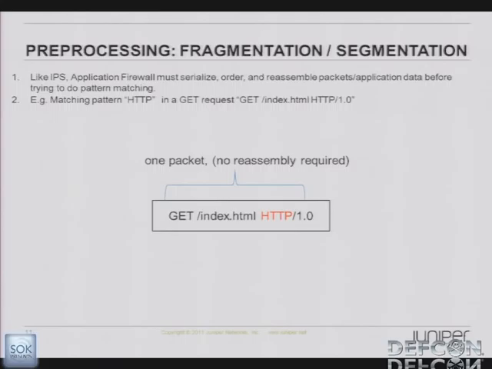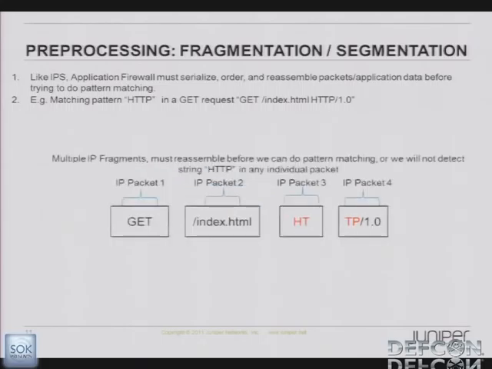And here's an example. Basically, in the case of fragmentation, if you were looking for, let's say, GET and HTTP as the pattern for the application, if it was just in a single packet, that could be fine. But if you did any kind of fragmentation, and it was looking for that pattern of GET and HTTP in an individual packet and it didn't reassemble it, then you'd be able to pass this right through.